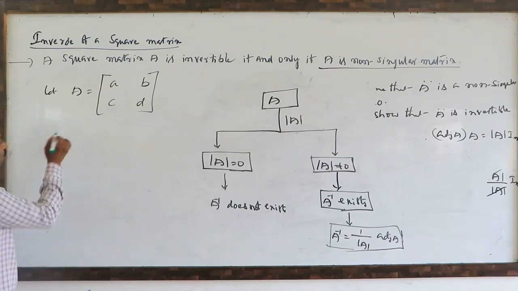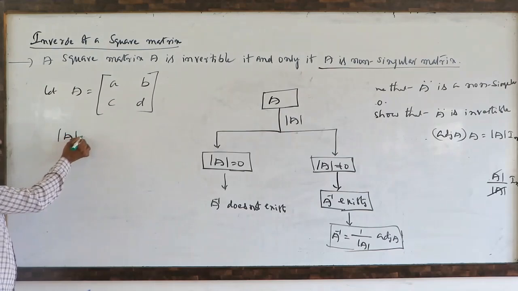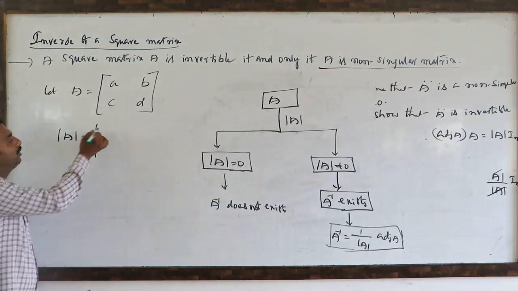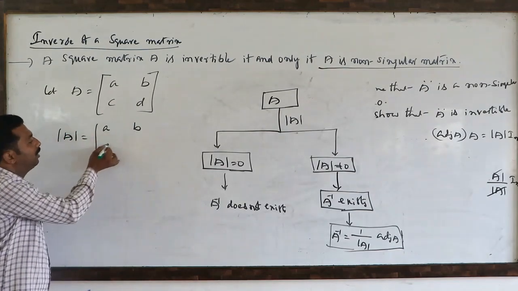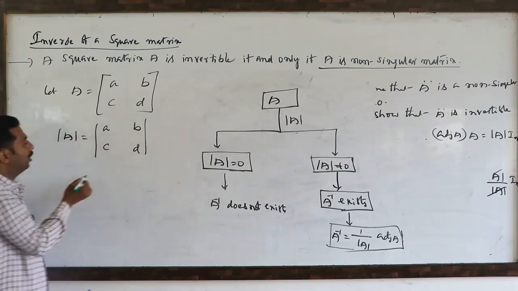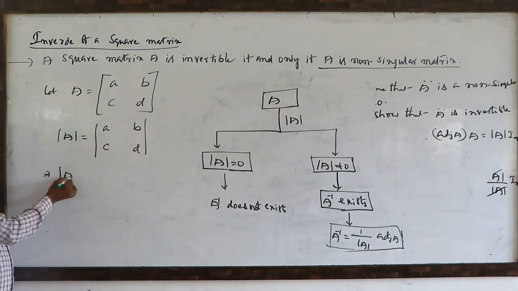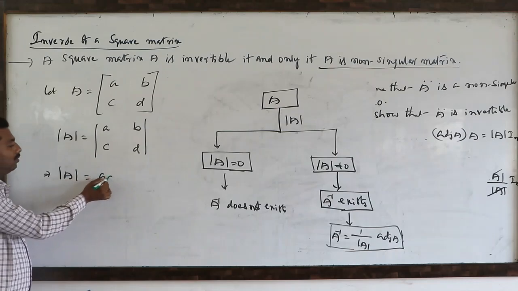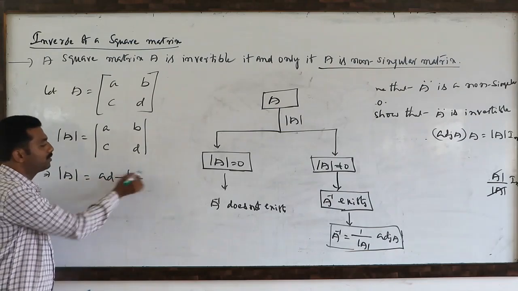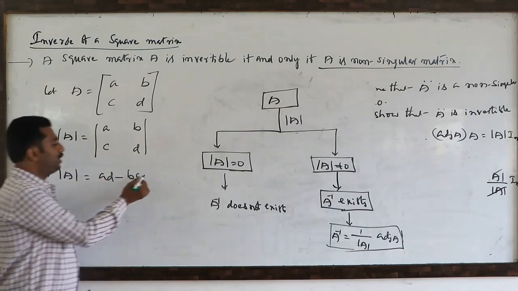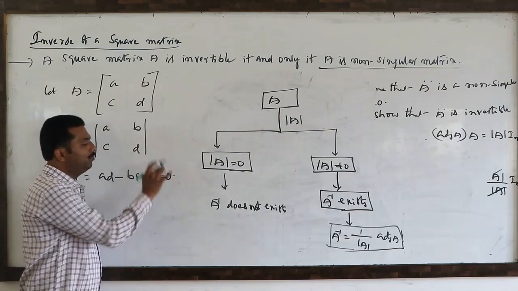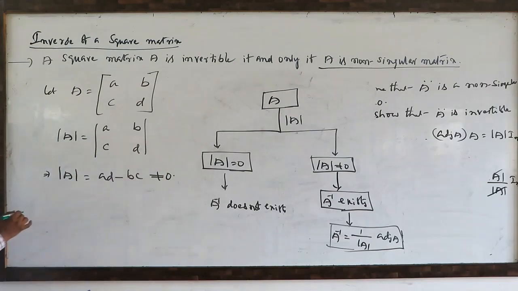First, we have to calculate determinant of A, for the matrix [A, B; C, D]. So from this, determinant of A equal to AD minus BC, which, if not equal to 0, means A inverse exists.